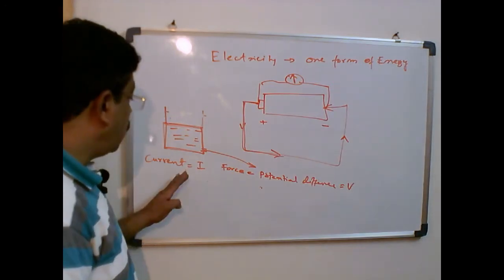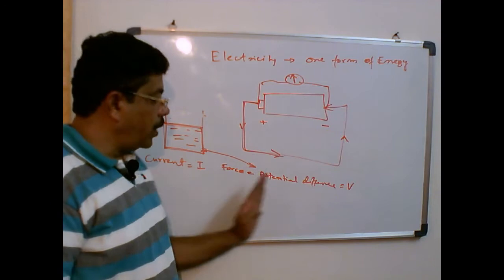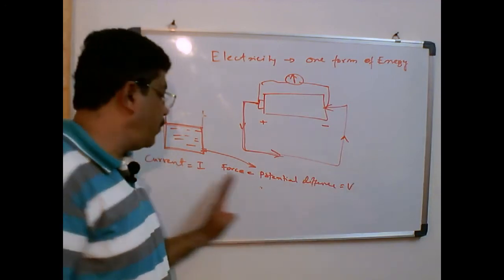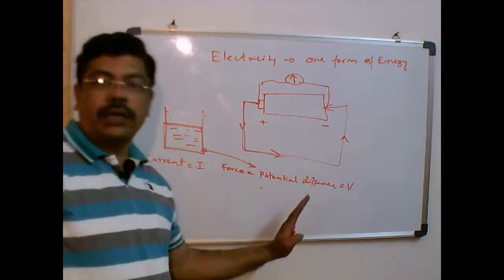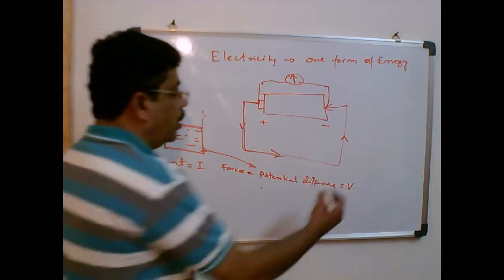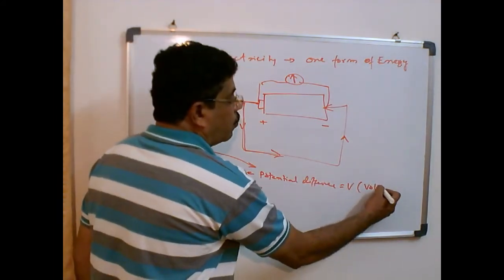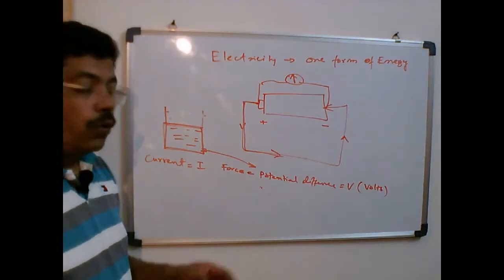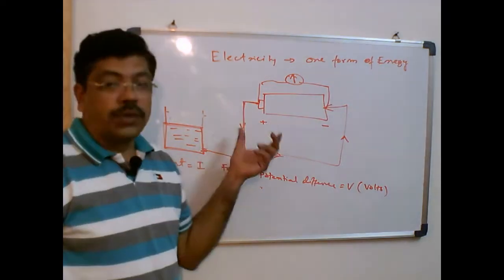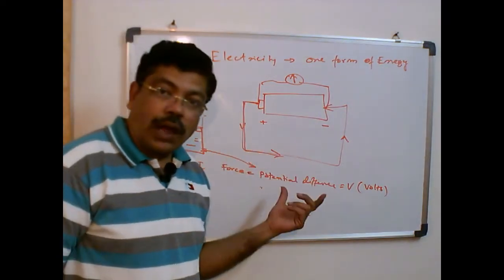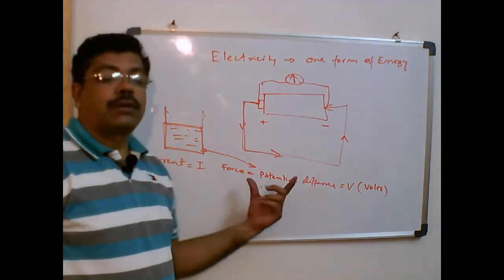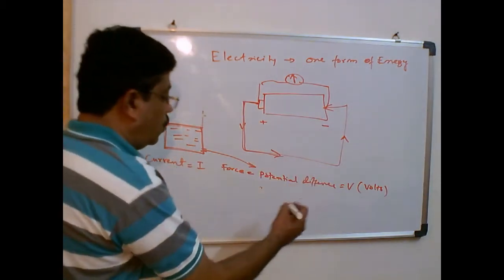Now we are trying to establish the relation between the current and the potential difference. We will measure it in terms of volts. As per Ohm's law, the current is directly proportional to voltage.